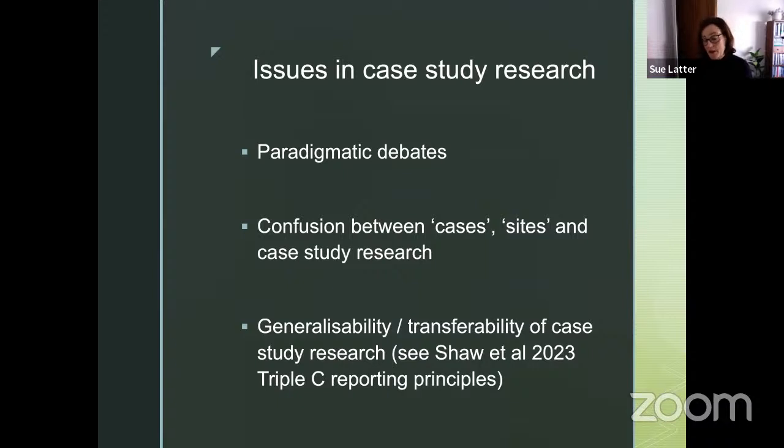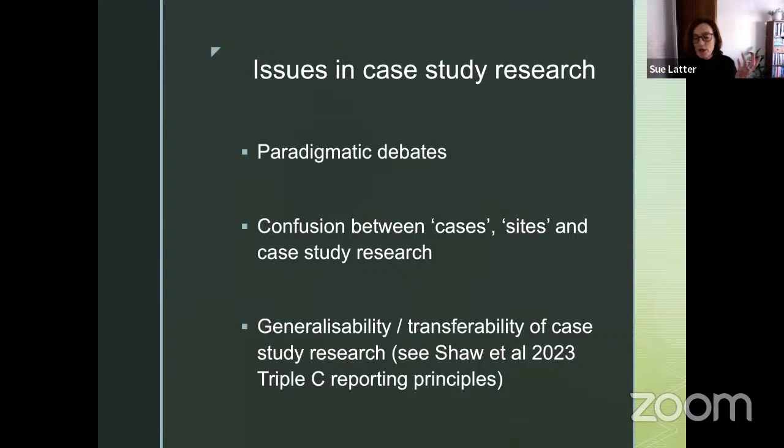And then I'm afraid this is still an issue. The last point here: case studies take a rap sometimes because, as you can tell from what I said today, there are not going to be many of them, certainly not in a PhD, but often not in funded studies, because that's not the point. You want rich, in-depth data on context, and generalizability or transferability usually comes through linking to theory.